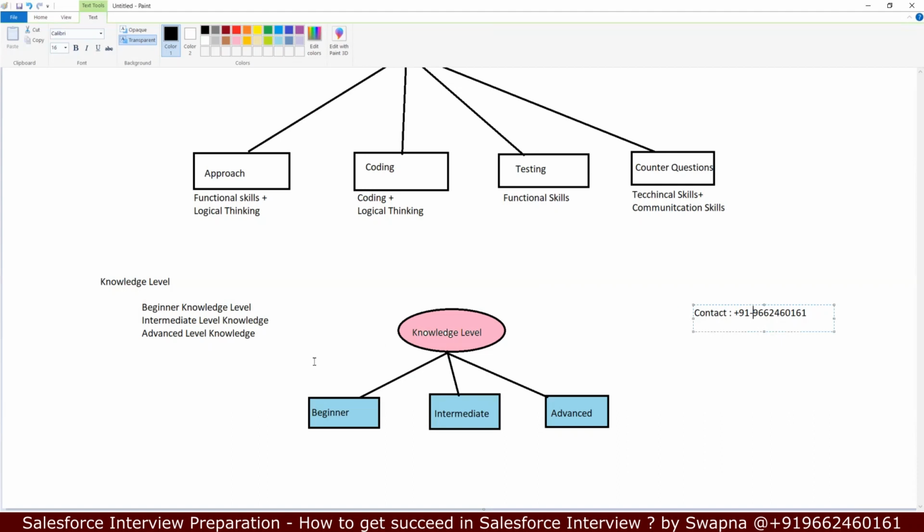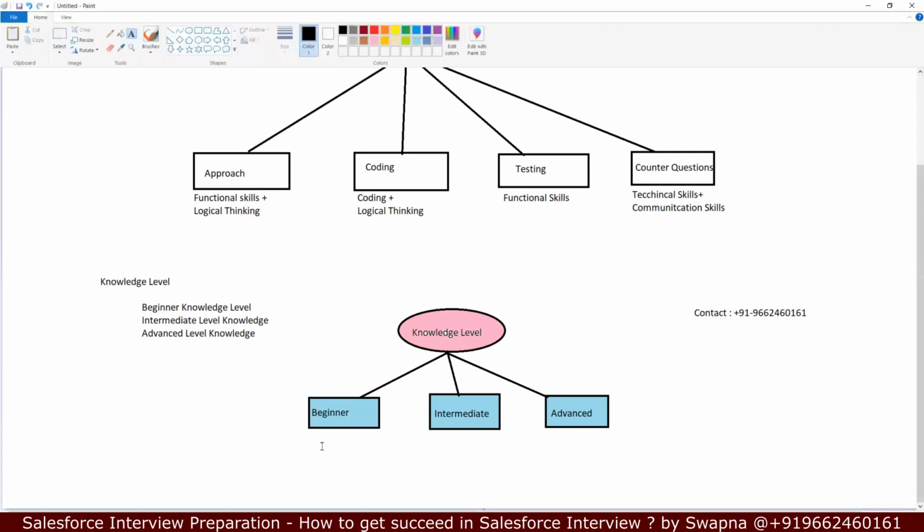Okay, back to the knowledge level, right? We were discussing knowledge levels: beginner, intermediate, and advanced. What is the beginner level person's thought process? Beginner level thought process is that they attended the training, they learned Salesforce, but could not connect it to the business requirement.